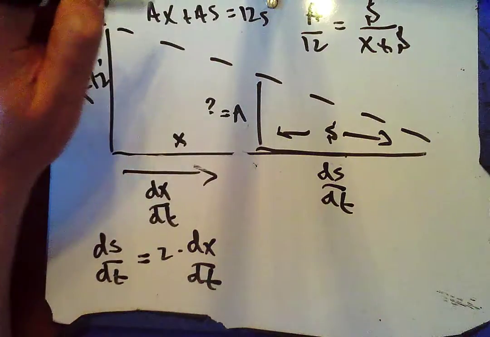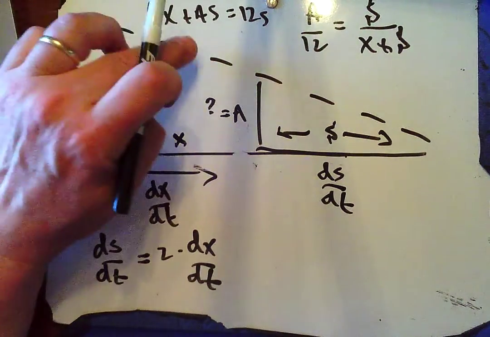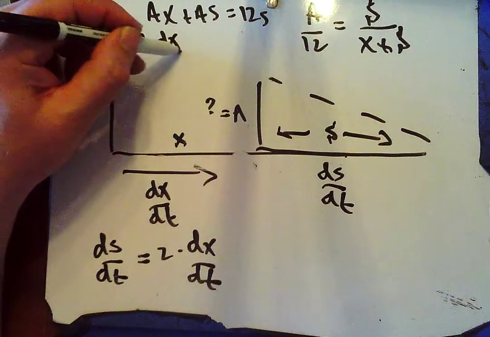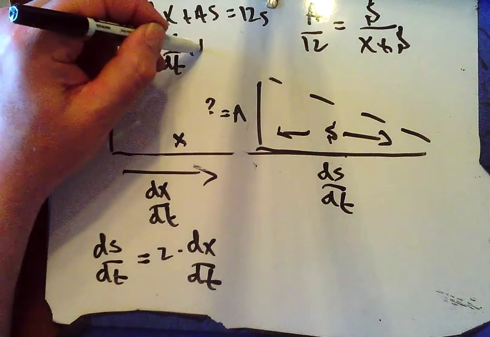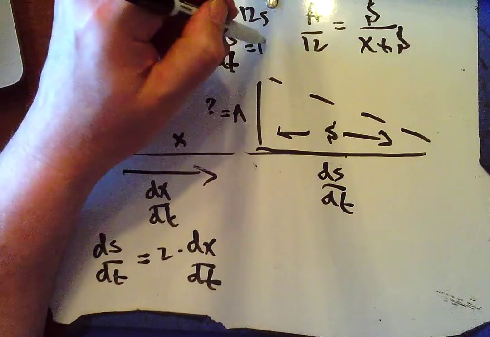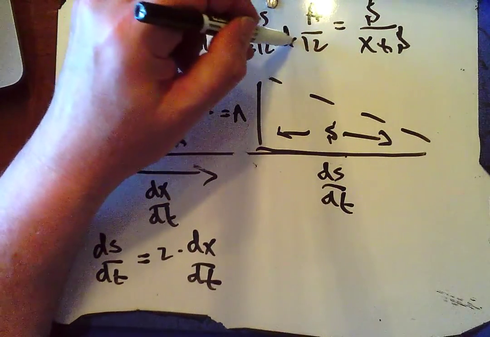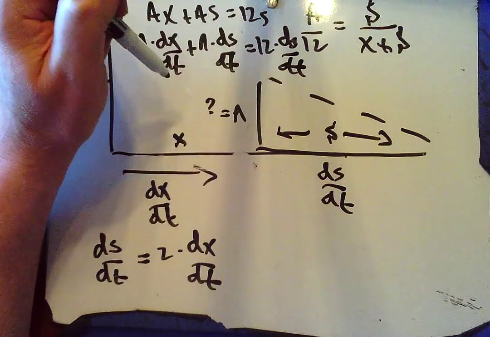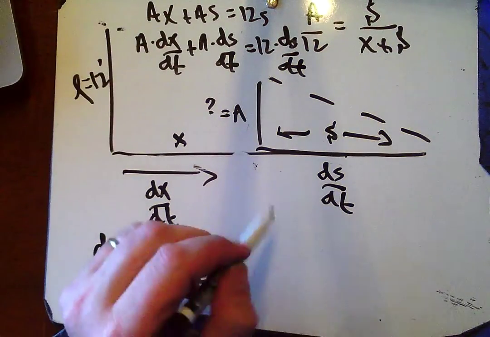And if I take the derivative with respect to time, I'm going to have a times dx dt plus a times ds dt equals 12 times ds dt. And let's move this ds dt over there and give ourselves a little more space.